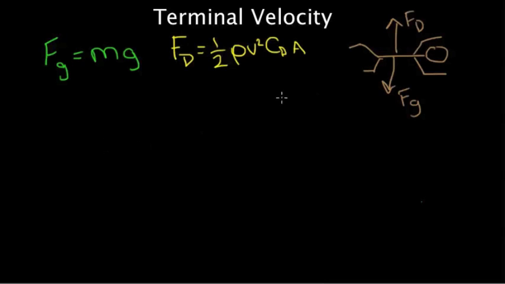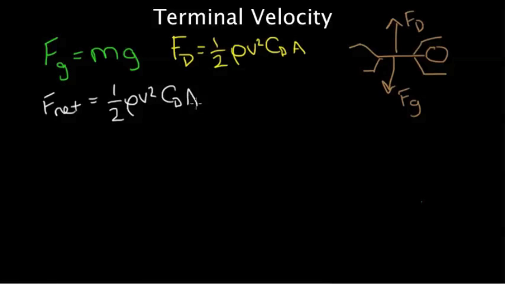Okay, so if we were going to sum the forces on this guy, the net force is F net, which is equal to Fd going up, which is 1/2 rho v squared cd A, minus his gravitational force going down, mg. And we know that all that is equal to 0.